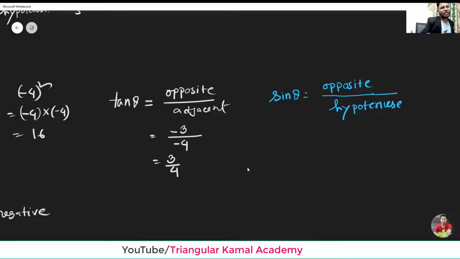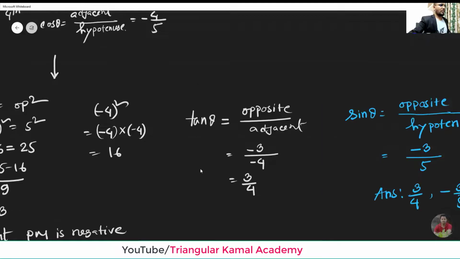So here opposite is minus 3 and hypotenuse is always positive. That means the answer is minus 3 by 5. So now we can write here tan value is 3 by 4 and sine value is, sorry, minus 3 by 5.